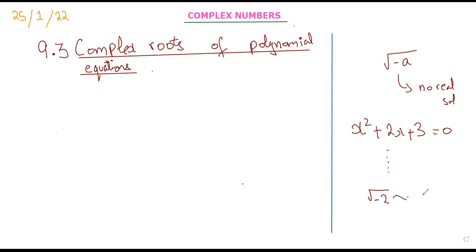So you used to write no real solution. So this is not a real solution, this is a complex solution. Why? Because we know that under root minus 2 can be written as under root minus 1 into 2, and that is under root minus 1 into under root 2, and this under root minus 1 is iota, so iota under root 2, right? Okay. So we know this, that when a solution is not real, it is complex.